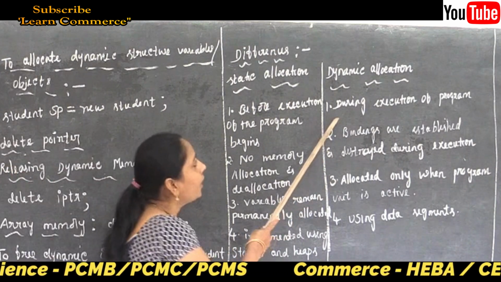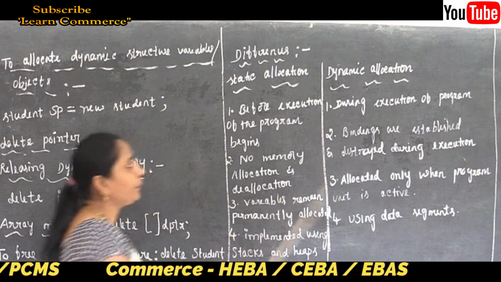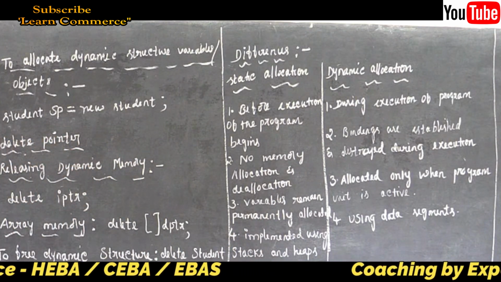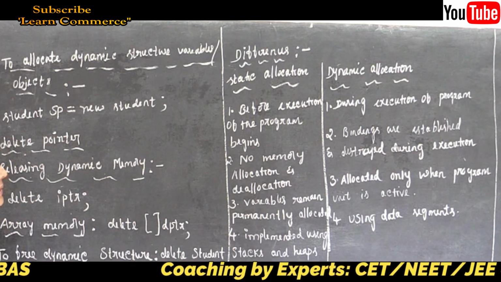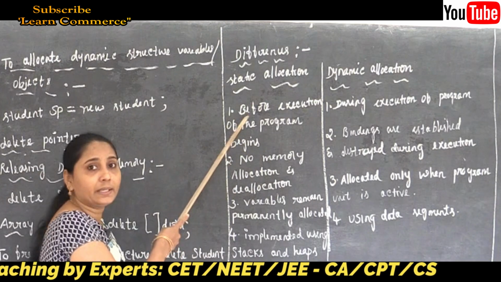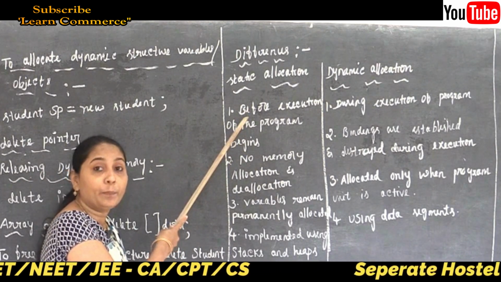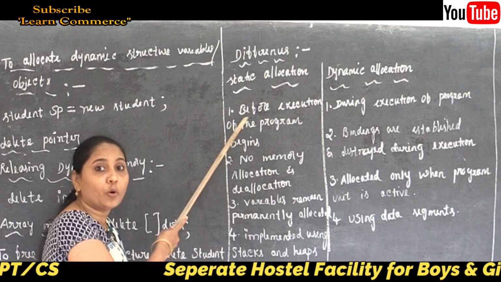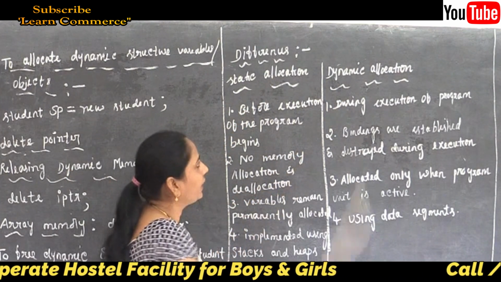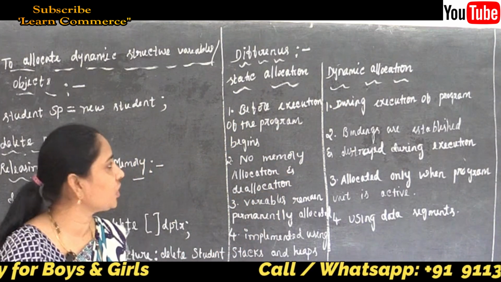So the first difference about dynamic allocation. I already completed one difference for static, where the memory is allocated before the execution of the program begins. What about dynamic allocation of memory?